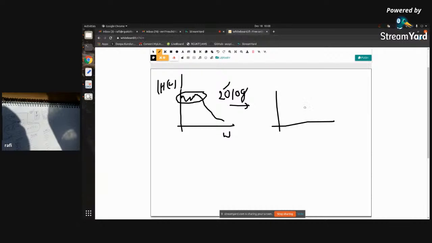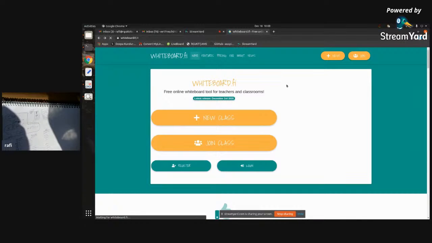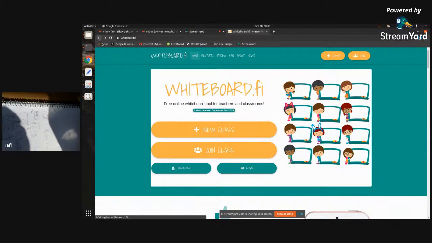So we'll get 20 log of mod h of omega. This is base 10, where it enhances the variations here. It will map to a nonlinear scale. Log is a nonlinear operation.